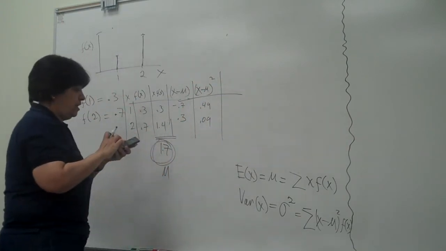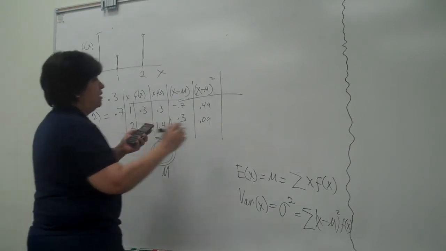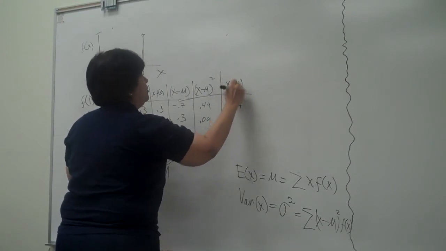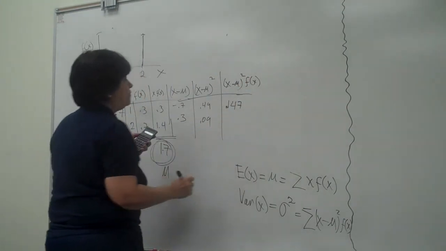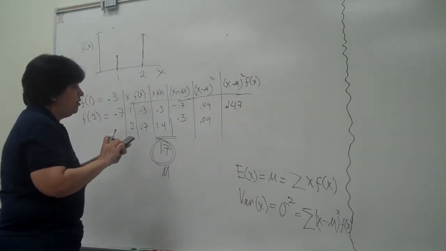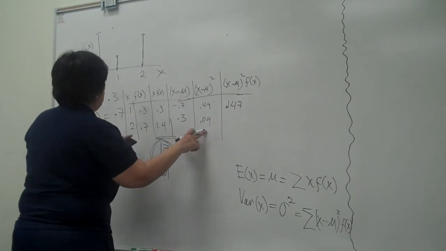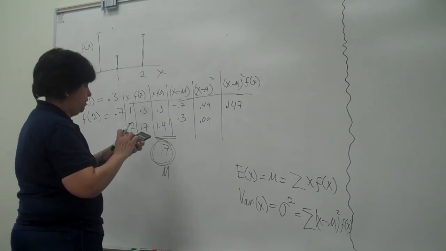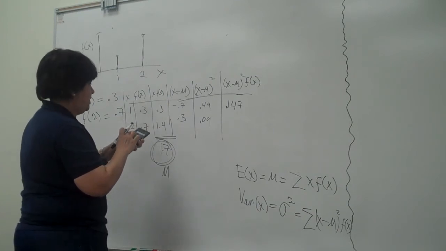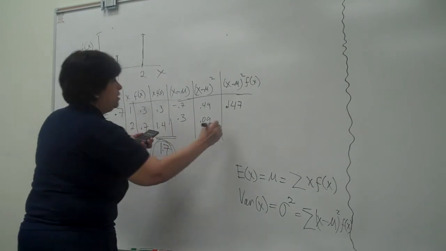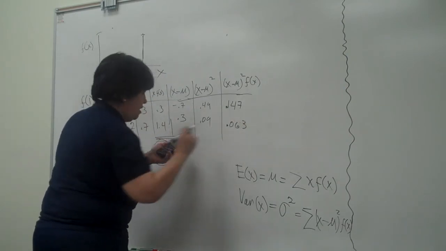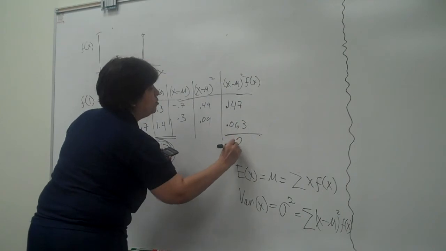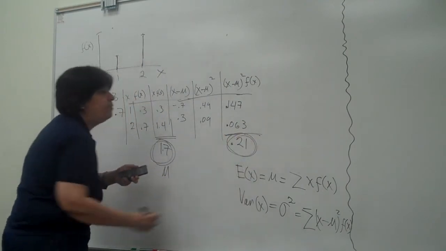So 0.49 times 0.3 is equal to 0.147. This is x minus mu squared times f of x. And this one times f of x, 0.7: 0.09 times 0.7 is 0.063. And if I add these two, it is 0.21. So 0.21 is my variance.